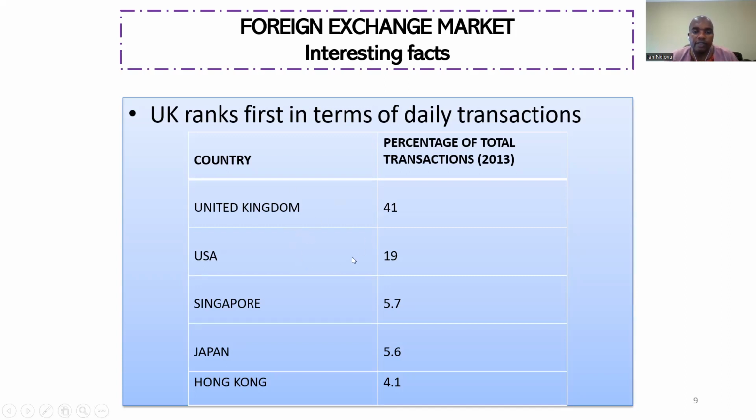The UK is followed by the United States of America, then Singapore, then Japan, and then Hong Kong. So the UK has got the lion's share of 41%, followed by the United States of America, 19%, and then 5.7% for Singapore, 5.6% for Japan, and 4.1%.